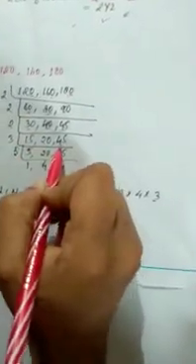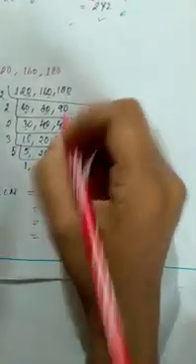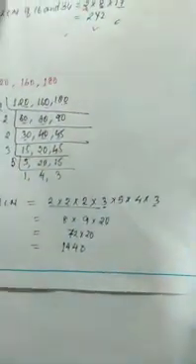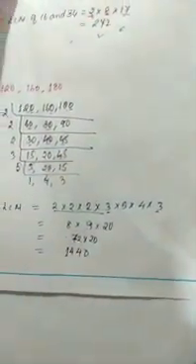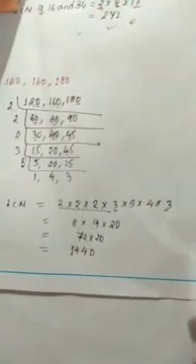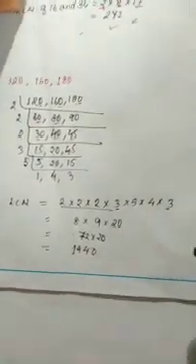Now, it is not dividing further, so what I have said is that we divide by a number which exactly divides at least two of the given numbers.